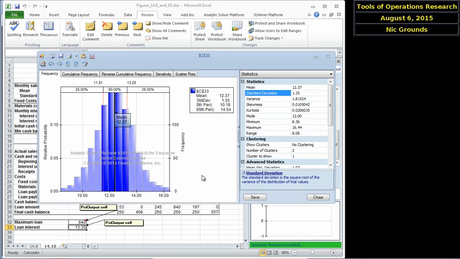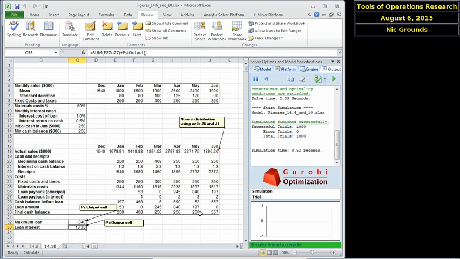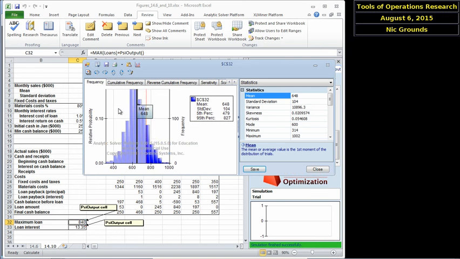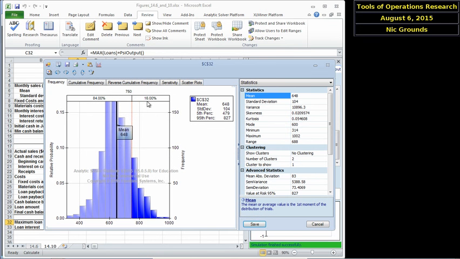We could say what's the worst case or best case, max and min. Or if we're interested in a specific value like $750,000, we could ask what's the probability that we need a loan at or bigger than the credit we can take, which is $750,000, and that answer was a 16% chance we need more than we're allowed to borrow from our bank.